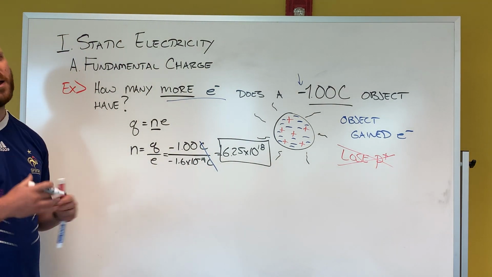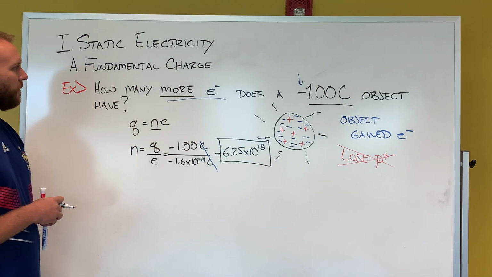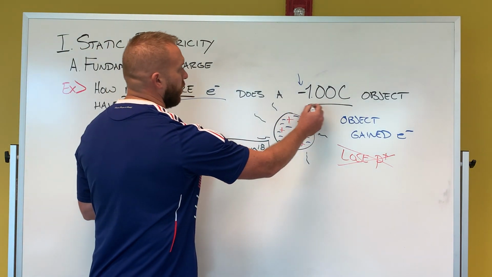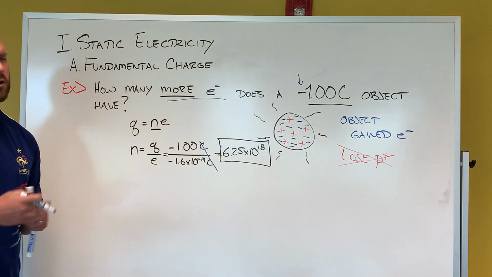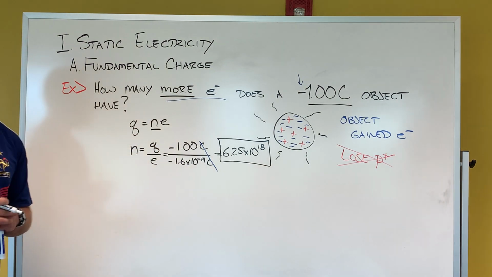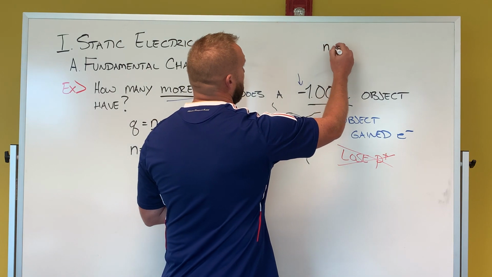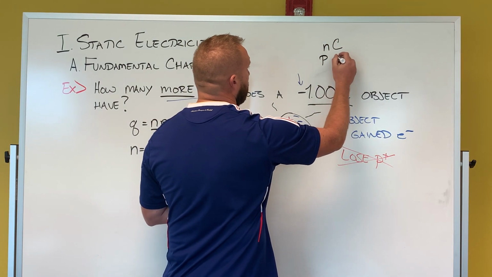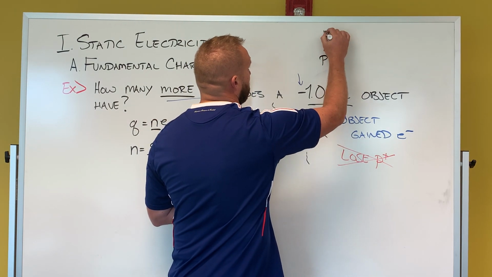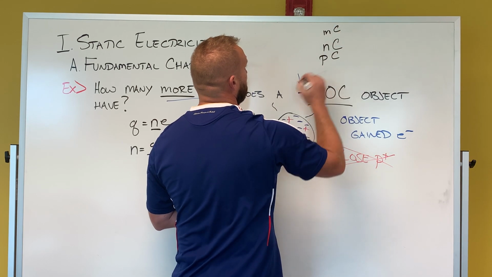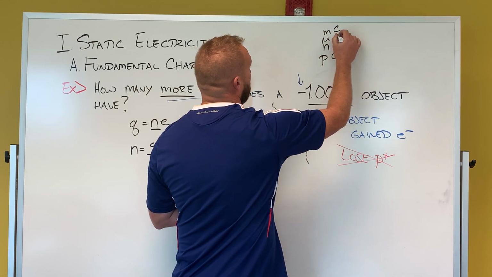That's a substantial amount, right? That's a huge amount of electrons that I have with just a single charge of 1 coulomb, right? 1 coulomb is actually a huge amount of charge, and you'll see that as we work through problems. Usually we're talking through nanocoulombs or picocoulombs or millicoulombs or microcoulombs, right?